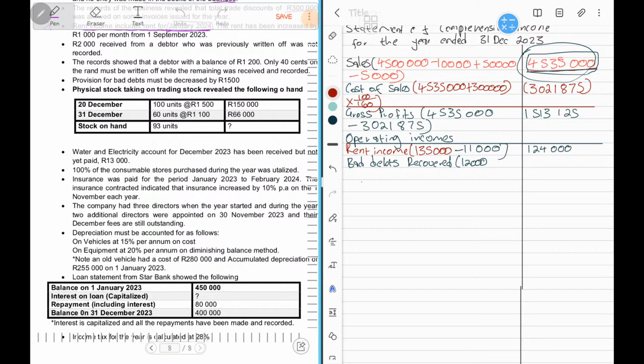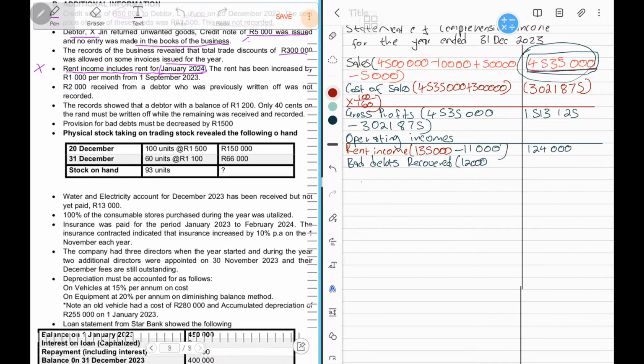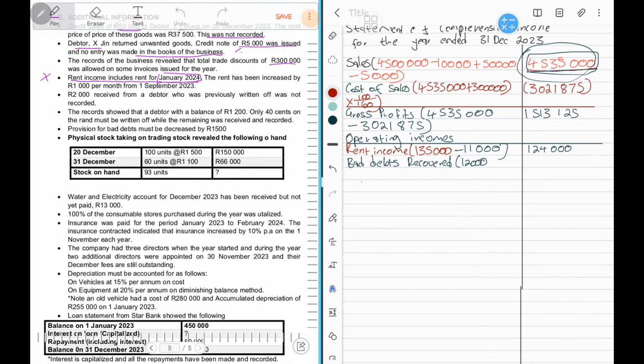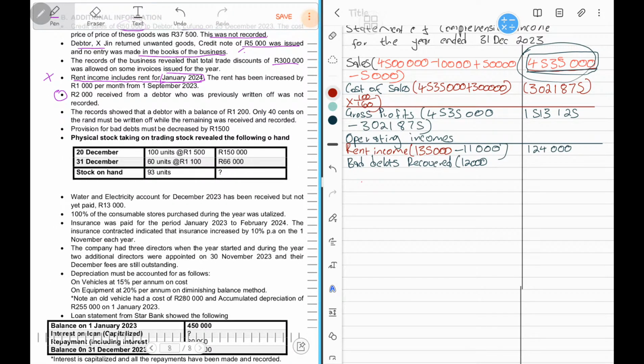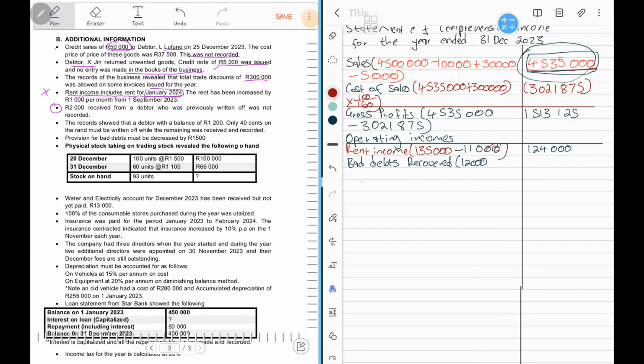If you remember, there was an adjustment: we're being told that 2,000 was received from a debtor who was previously written off, and this was not recorded. So here we are just going to say plus 2,000.